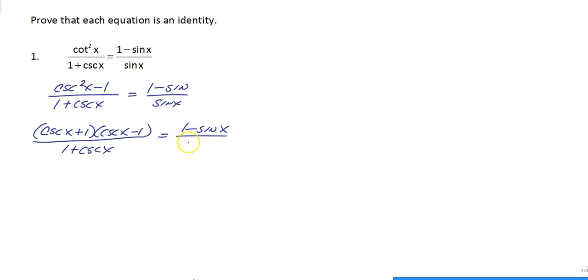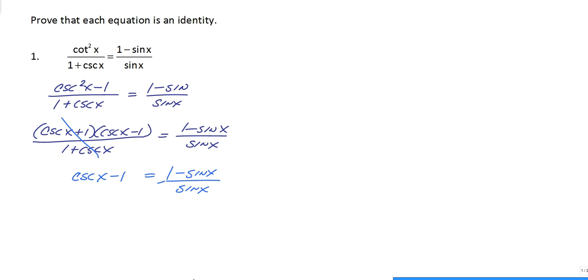And that's equal to 1 minus sine x over sine x, of course. So what we can do here is cancel the two that are exactly the same. Now, cosecant plus 1 is the same as 1 plus cosecant. So those guys are going to cancel. So you're left with cosecant x minus 1 is equal to 1 minus sine x over sine x.